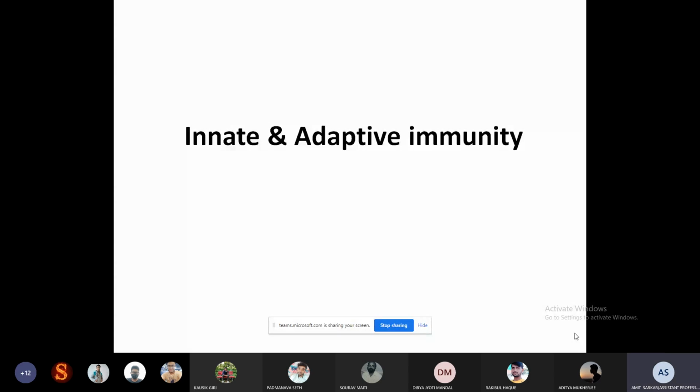In very simple words, if you forget about immunity, you can use the term innate for those things which are common for everybody, and we do not have any control over them, and they do not change over time.